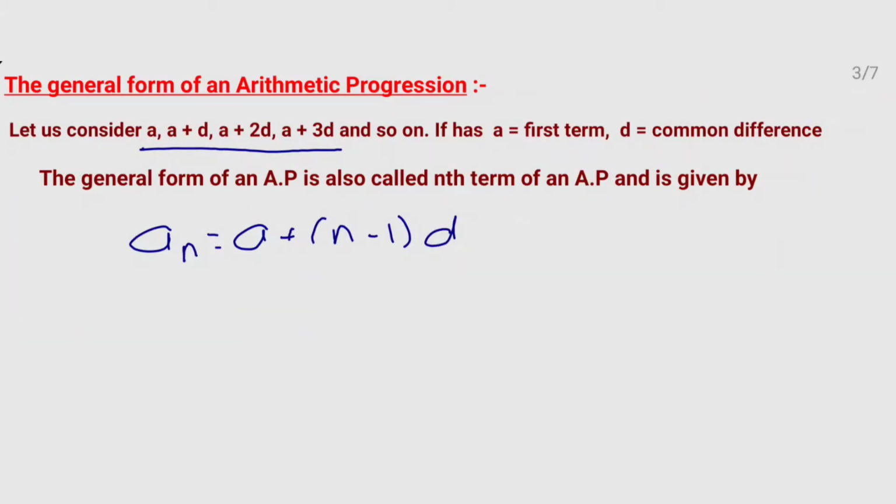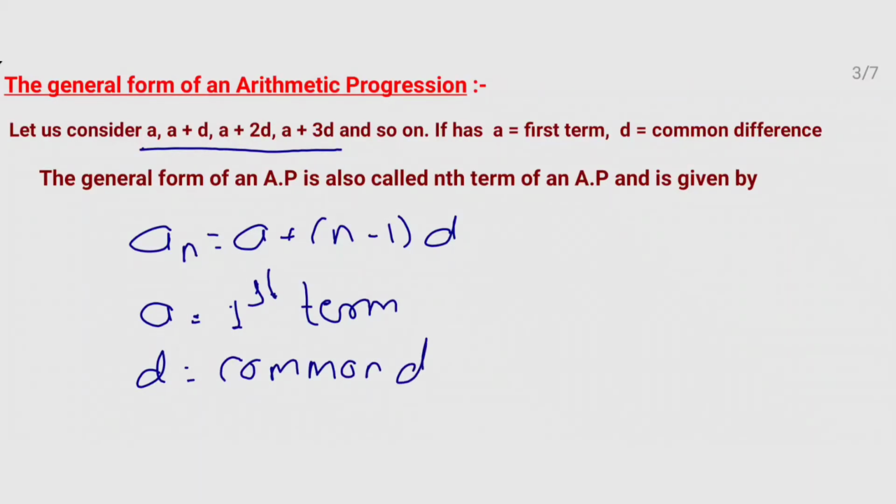So here a is the first term, d is the common difference, and n is the number of terms.